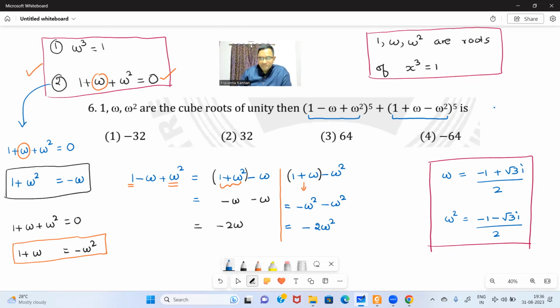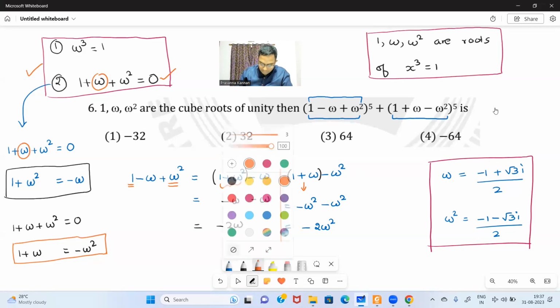Very good. Excuse me, sir. It's actually the 1 plus omega minus omega square, the whole power 5, sir. That's correct. Now I'm just checking what this part alone is. You are right, Jerome. We are going to come to that. So now we will deal with what you said.